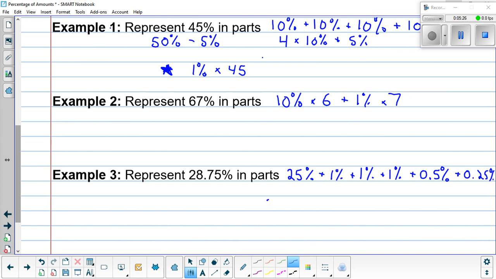Could have also done it as 25% plus 2.5%, because if you already found what 25% was, then moving the decimal place once is not really hard. Then we're at 27.5, so we can add 1%, and then we can add 0.25. And if you notice, for 3 of those we just have to move the decimal place.